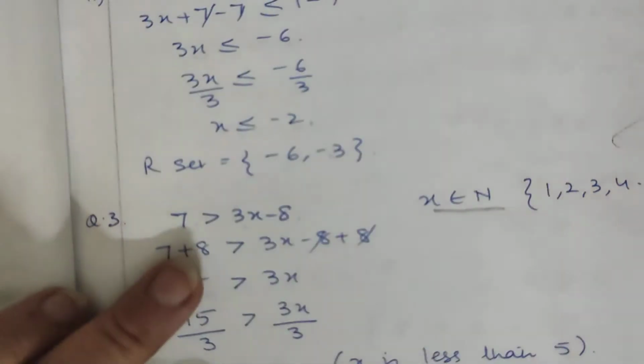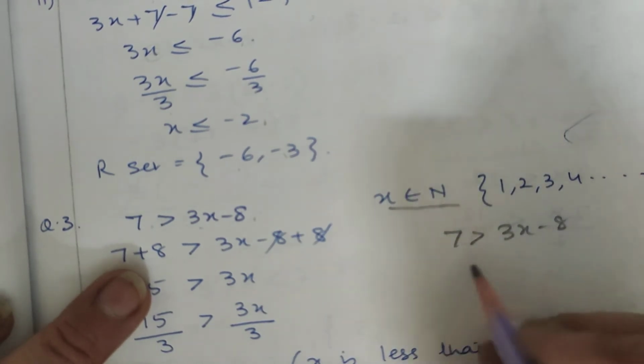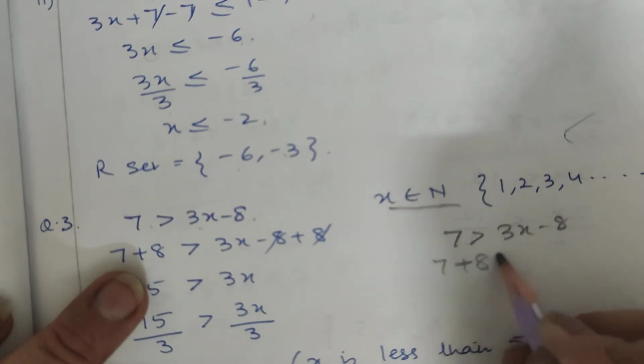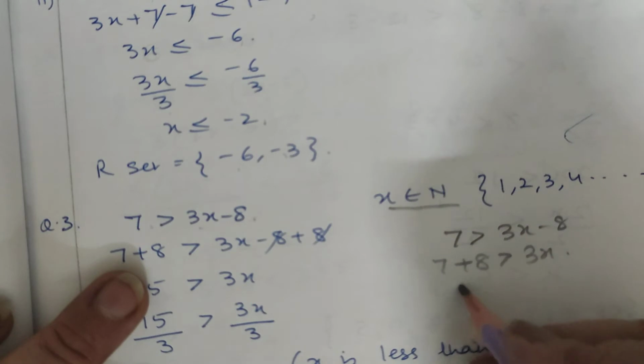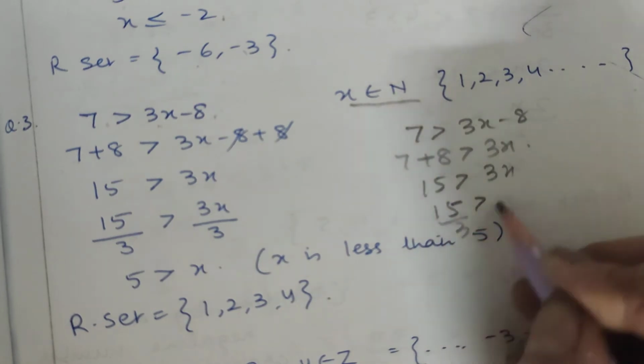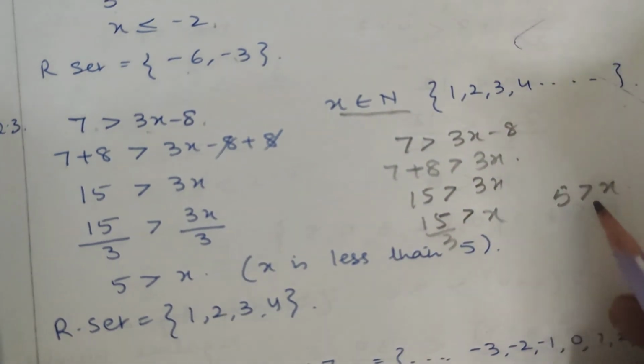You can do this sum directly also. See, I am telling you this, like you follow the rules in equations, simple equations. You get this, x is less than 5.